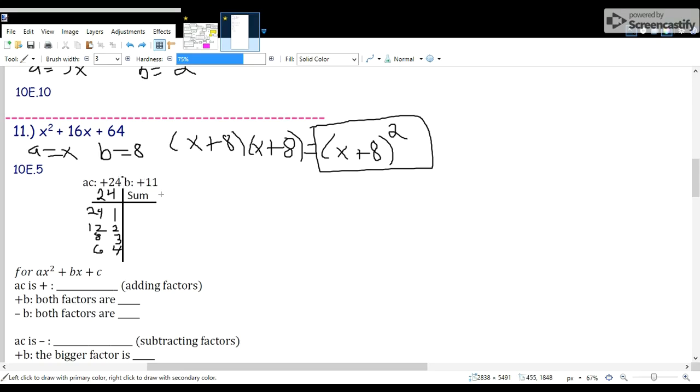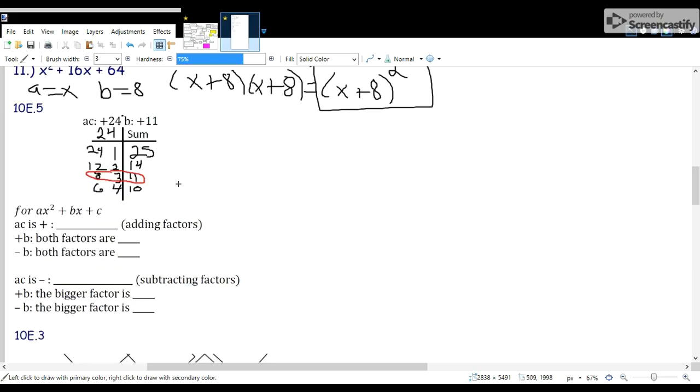Since the b that we're looking for is positive, though, we don't need to write all those. So let's find our sums of each of these. 24 plus 1 is 25. 12 plus 2, 14, 11, 10. Okay, we're going to match which pair is the b that we have. In this case, it's the 8 and the 3. So after that, you could throw out the rest of them and only use this one for that next step.